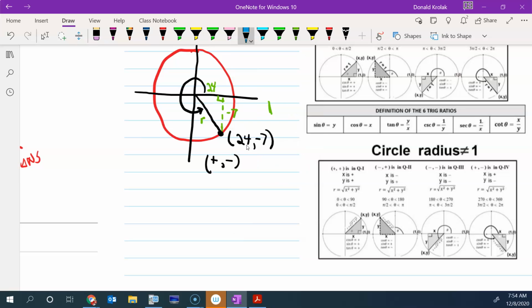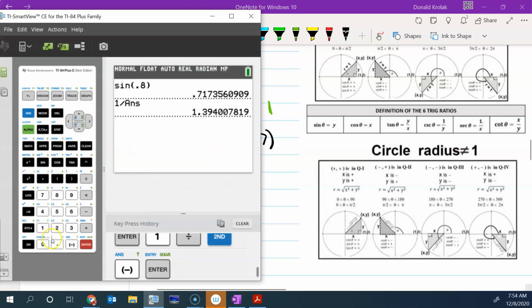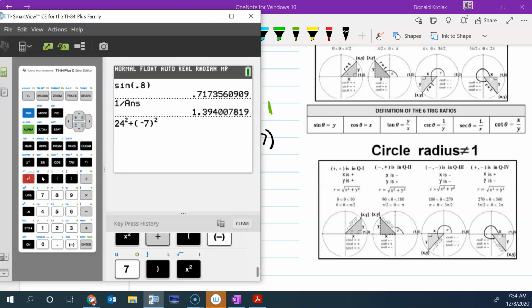I can get the radius by the radius squared equals 24 squared plus -7 squared. Now notice how I put -7 in parentheses?